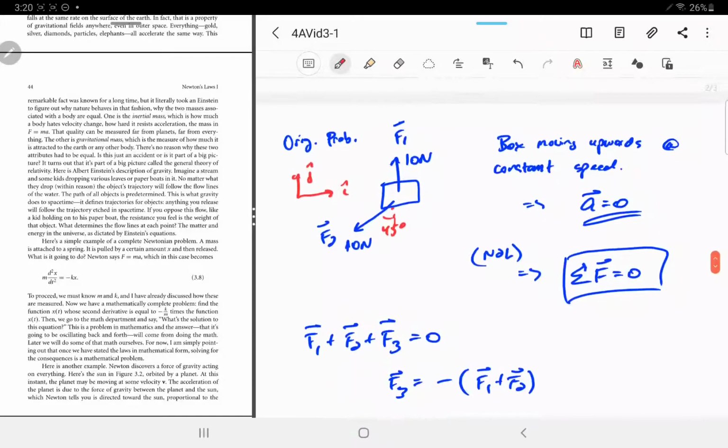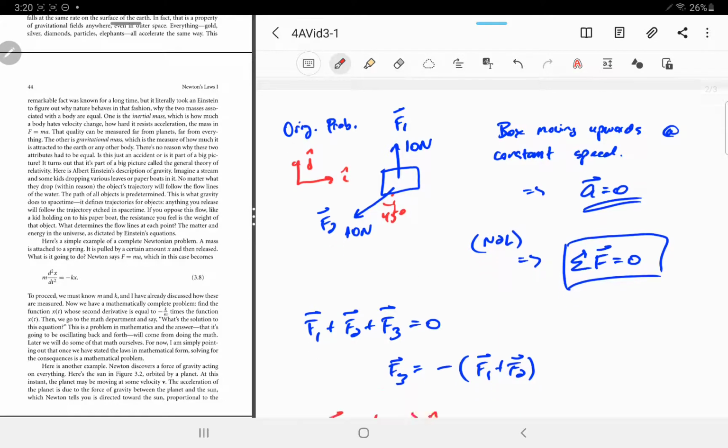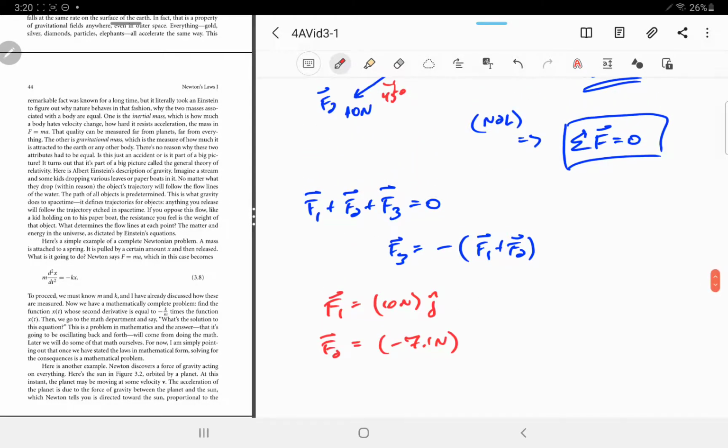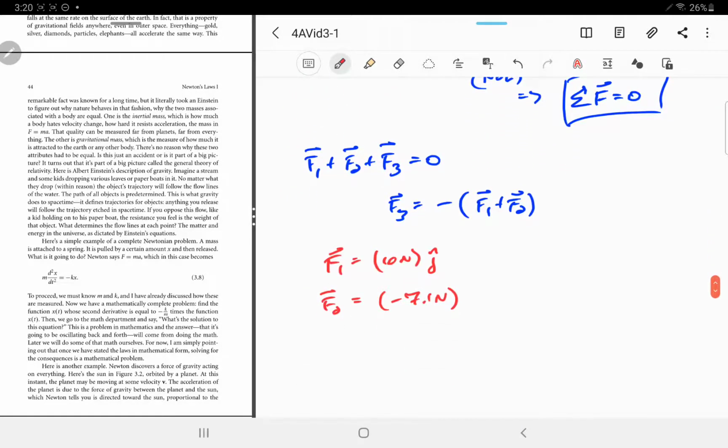So this vector F2, which is pointing down and left, has a negative i hat component and a negative j hat component. F2 is approximately negative 7.1 newtons. If we wanted to be exact, we could, and ignore any semblance of significant figures, we could say negative 10 over root 2 newtons. So we have that and negative 7.1 newtons j hat.